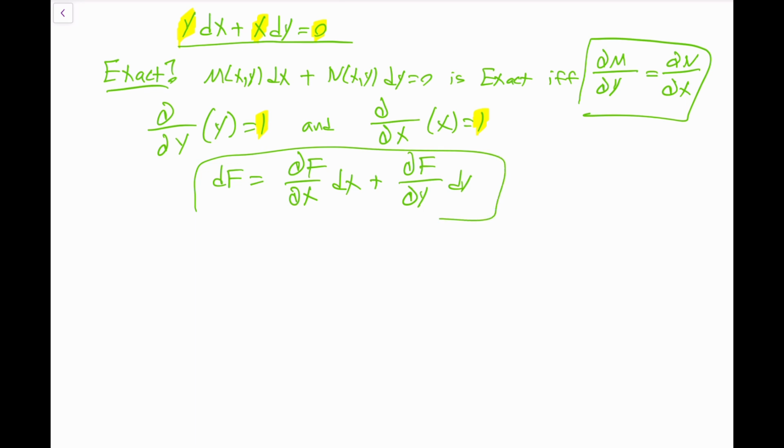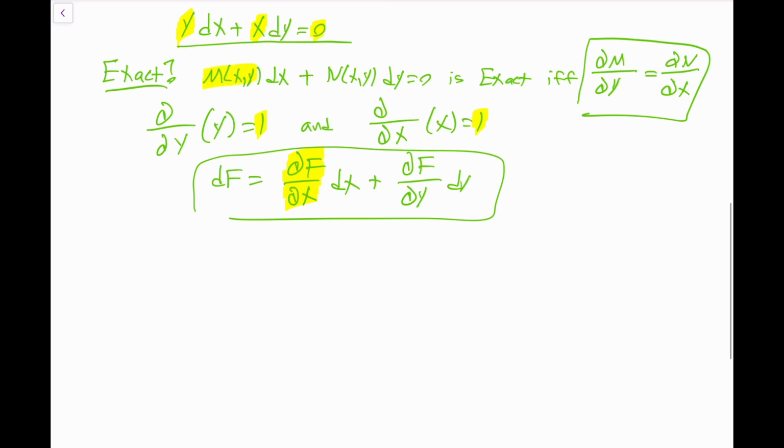So if we think about this total differential, the partial of f with respect to x must equal M of x,y. Likewise, the partial of f with respect to y must equal this N of x,y. So this is not too bad.